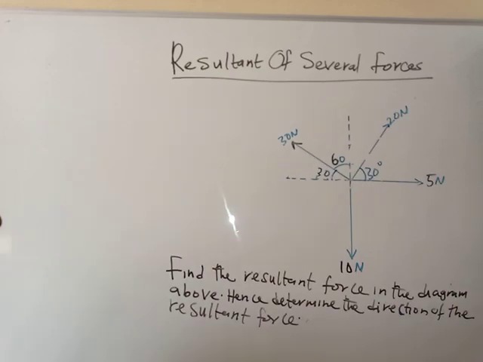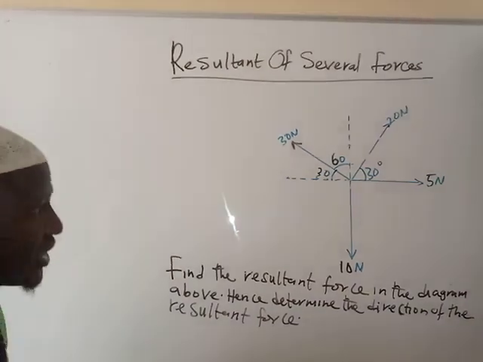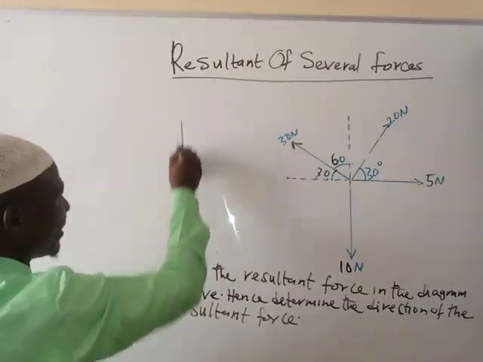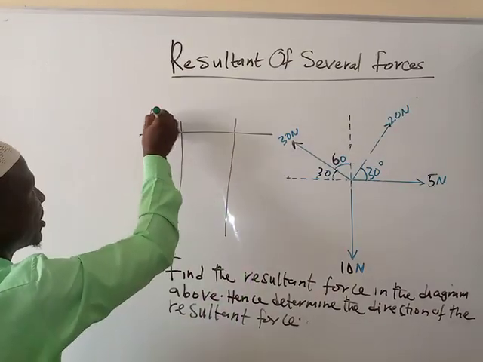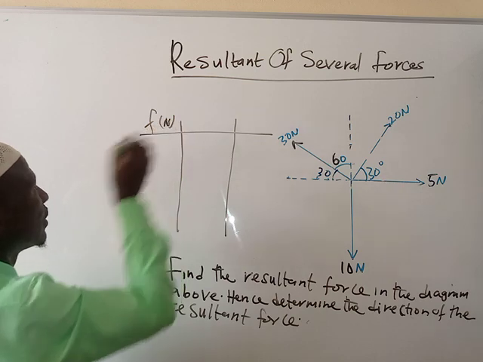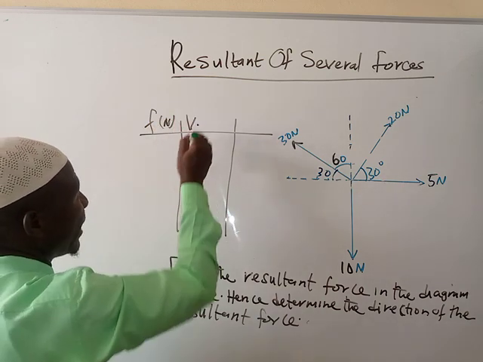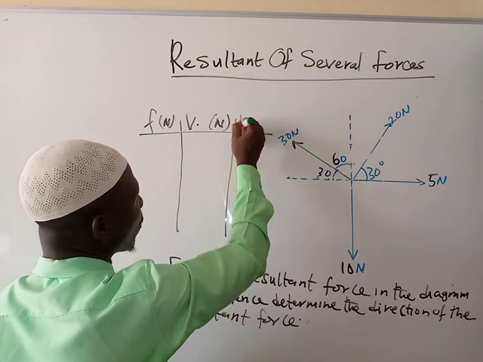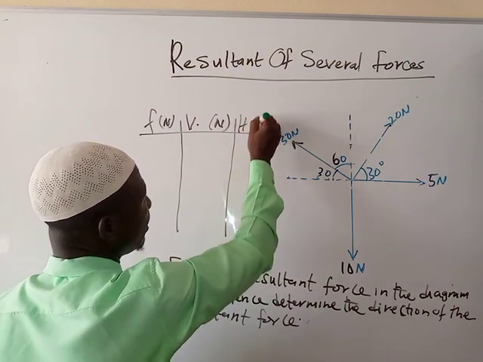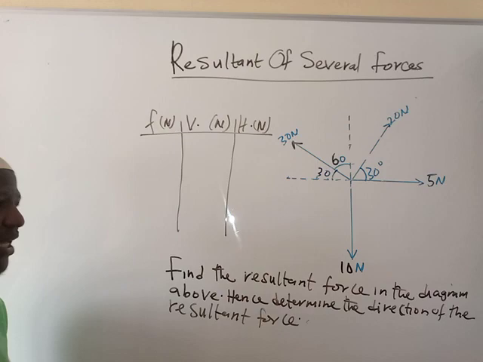Now, let's take the force. We can even use the table to make it easier. We have table like this. We have force in Newton. Then we have vertical component, also in Newton. Then we have horizontal component, also in Newton. Now let's start from this.